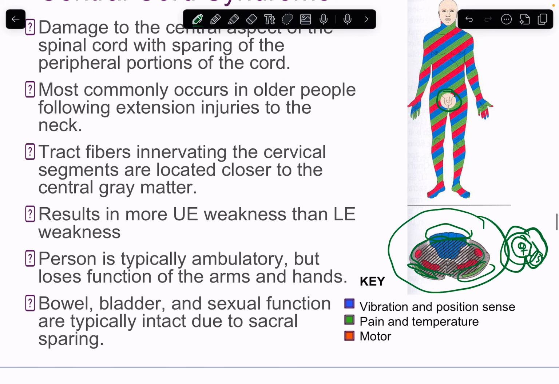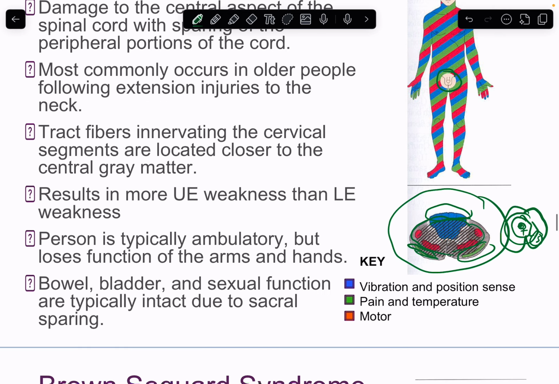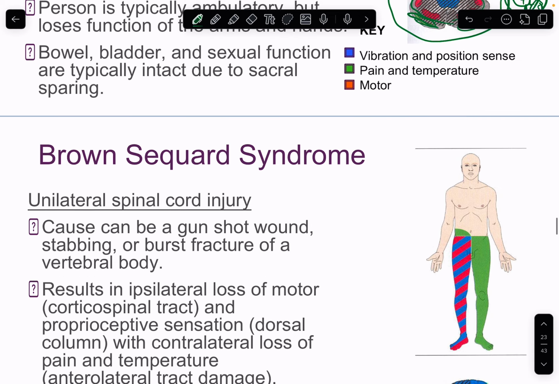So it results in more upper extremity weakness than lower extremity weakness because it's more centrally located, okay? So the person is typically ambulatory, okay, because it could have spared the lumbar and sacral area, but loses function of the arms and hands as the central cervical and thoracic area is more affected within the spinal cord, okay?